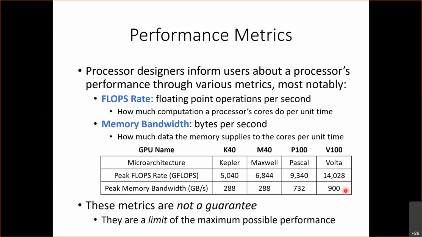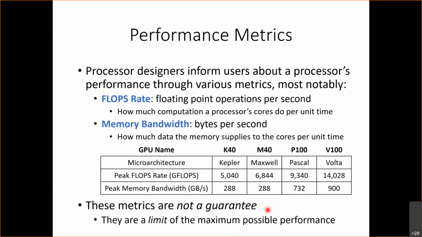What this tells you is that it is physically impossible for you to execute more than 14 teraflops per second. Because if you execute a floating point operation in every single core for every single cycle, then you will get this kind of flops rate. Similarly, if you load every single byte in the memory interface on every single cycle, so if you have perfect utilization of your memory bandwidth, this is what you will get. So it's not a guarantee, but it's basically the maximum possible that you can get.